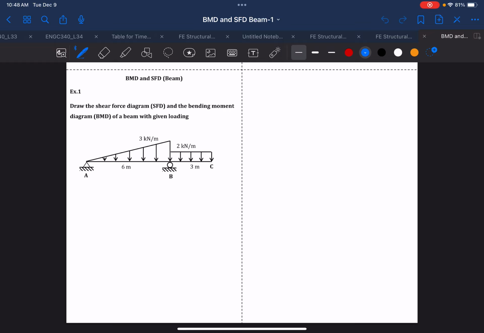And sometimes when you have become skilled and understand the relationship between the loading and the shear force diagram and the bending moment diagram, you don't have to derive all the time. You can just look at the loading. You can tell what will be the shape of the bending moment diagram and the shape of the shear force diagram.